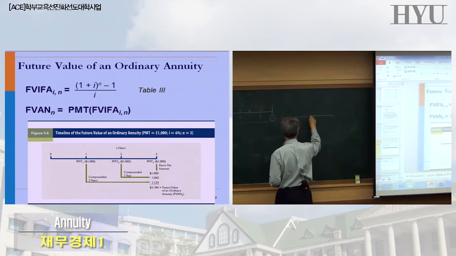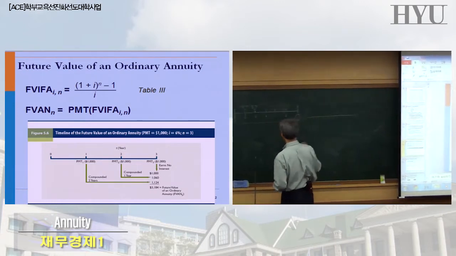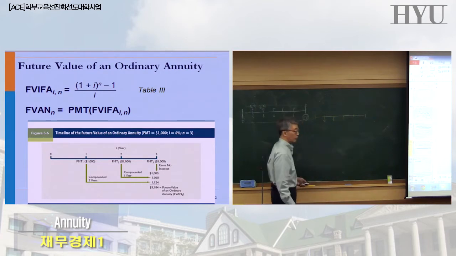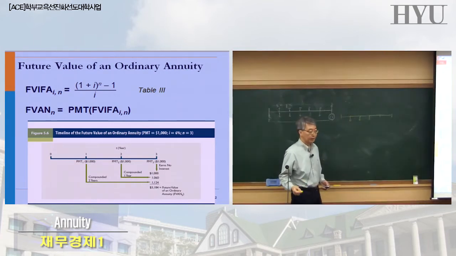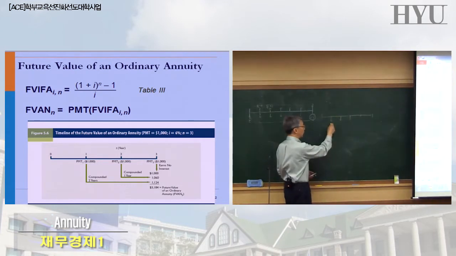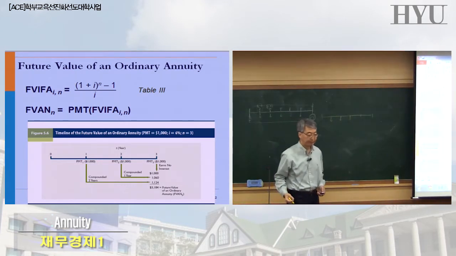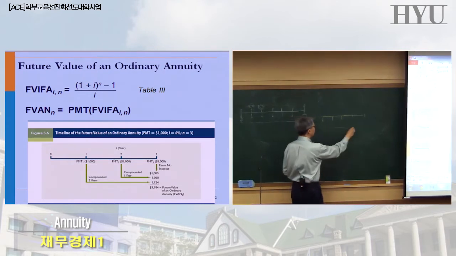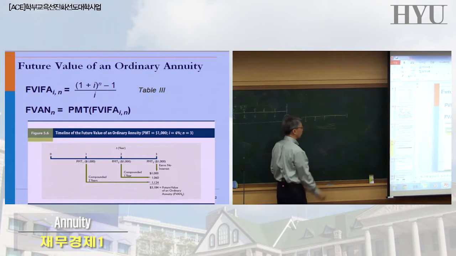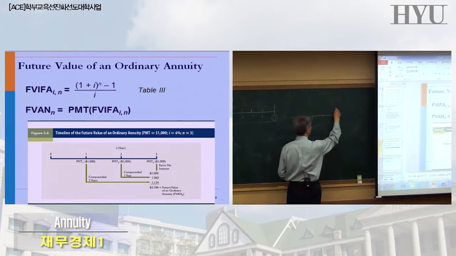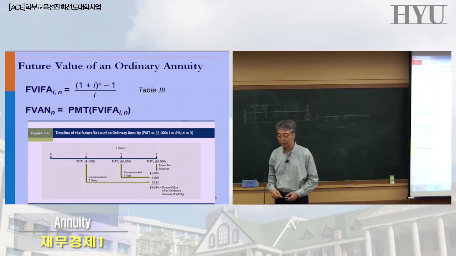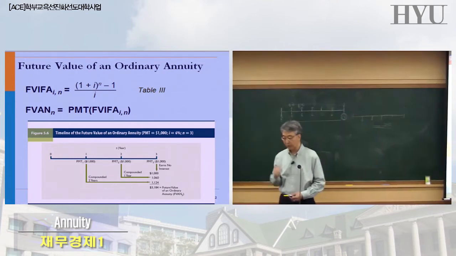At the end of every period, every month, you deposit a small amount of money into your pension fund. So that's a cash outflow because it's coming out of your pocket. You're investing. And so, after so many years, so many months, by the time you retire, how much will it be? What will be the value of your total retirement fund? Yeah, that's a good example of an annuity.